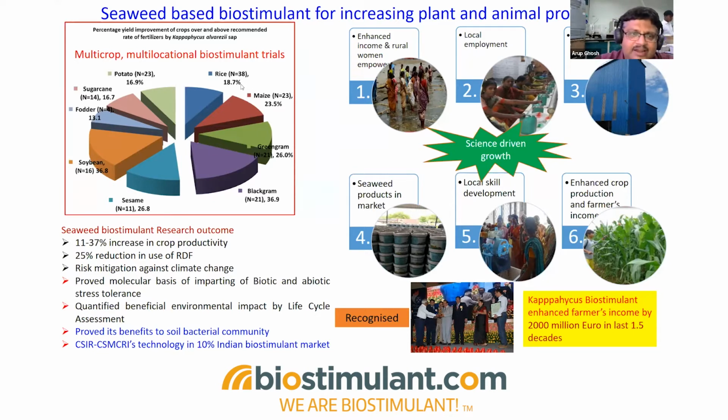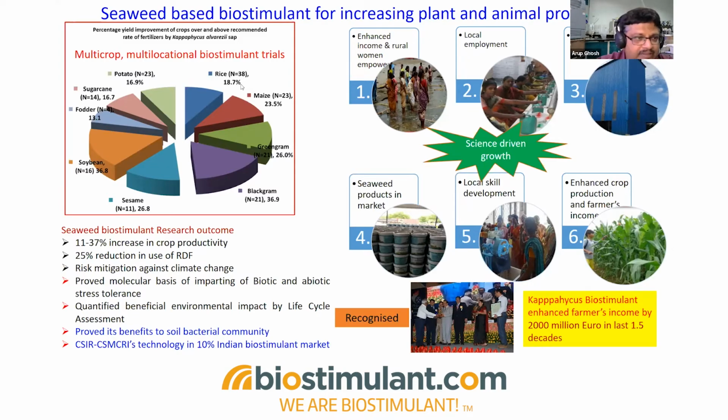fertilizers. Similarly, for maize, we did trials at 23 different places, and we found more than 20% improvement in crop yields. For pulses and oilseed, especially, the yield improvement was always more than 25%. For example, green gram 26%, black gram 36%, sesame 26%, and soybean 36%.